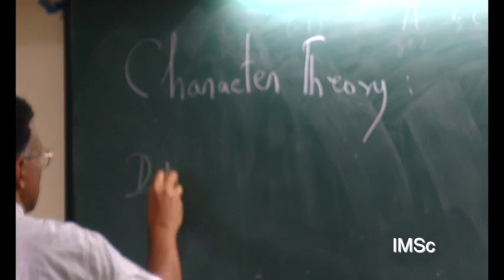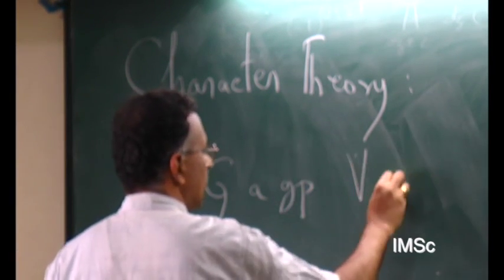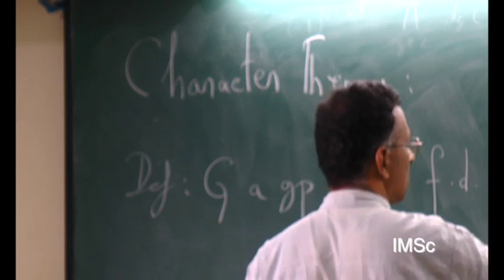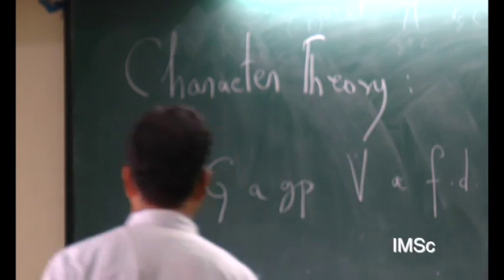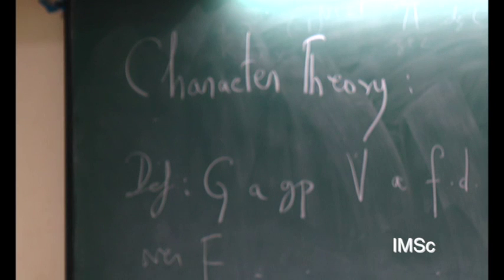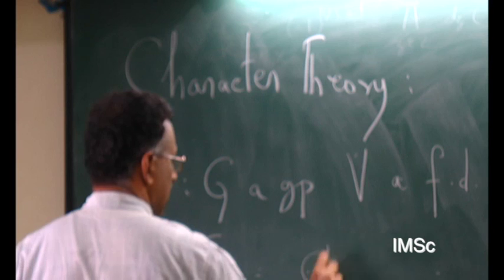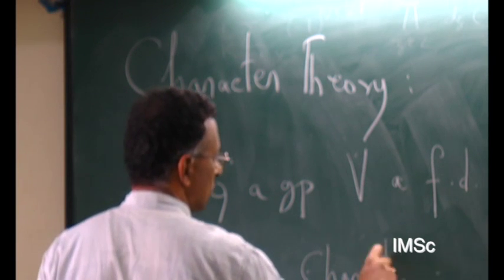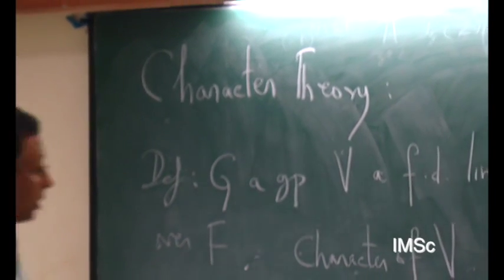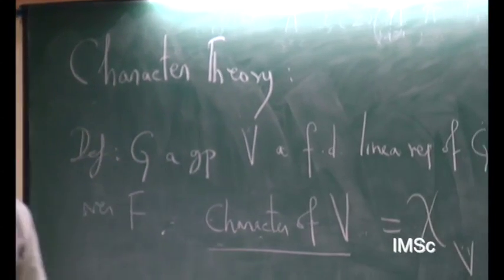Definition: G a group, V a finite dimensional linear representation of G over some field F. Then by the character of V, this is a definition, denoted chi of V, which is also denoted like that.